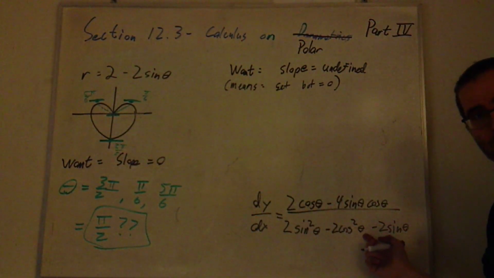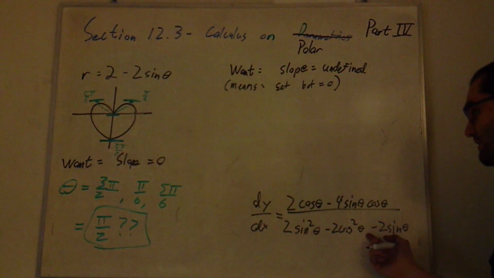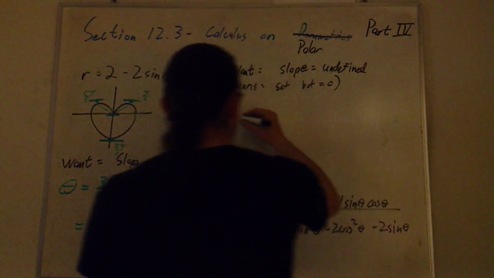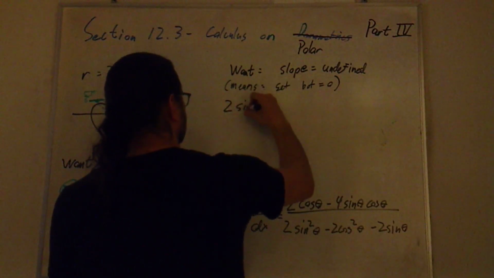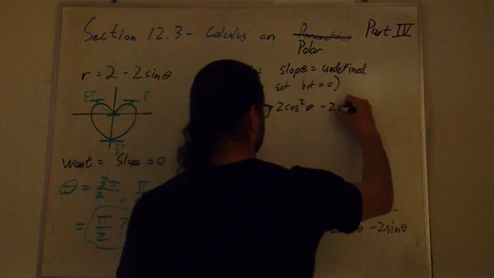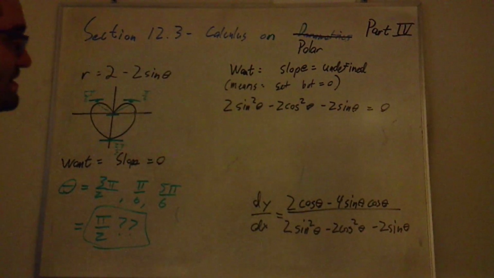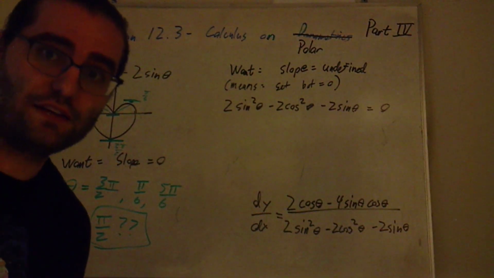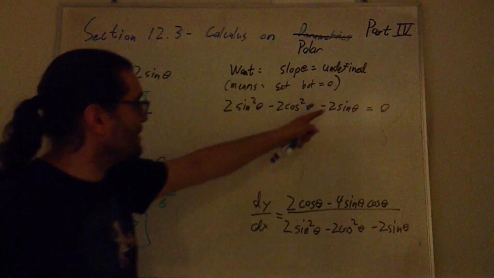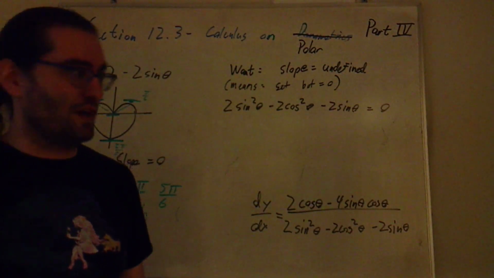This is the bottom. I'm going to set it to 0. It's going to get weird. Here we go. 2 sine squared theta minus 2 cosine squared theta minus 2 sine of theta equals 0. This thing right now is kind of a gross looking mess. I've got sine squareds, I've got cosine squareds, I've got sines. Like there's 3 different things here, and there's not a lot I can do to unite them.